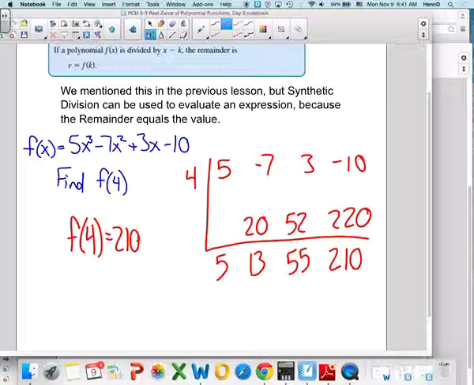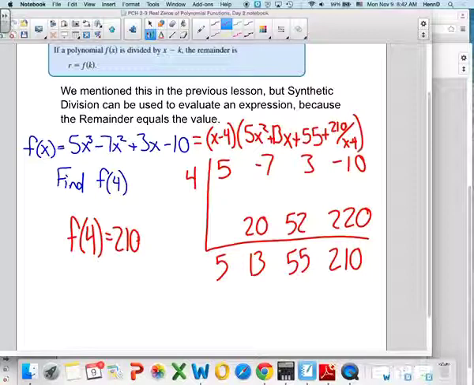So you see here, guys, this process tells us two things. As we saw on Friday, this process tells us that our function will equal x minus 4 times, it was x cubed, so that's a 5x squared plus 13x plus 55, plus 210 over x minus 4.